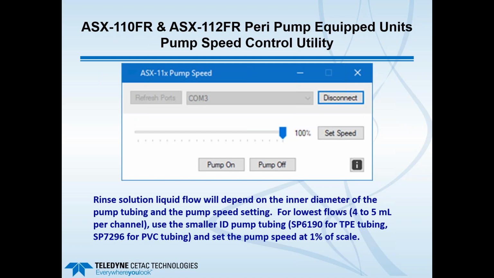And this utility is available in the software CD for the 110 and 112. This is important if you want to minimize the use of the acid rinse and minimize the amount of acid waste that is generated, particularly if you're using a high purity grade of, say, nitric or hydrochloric acid for the probe rinse steps.